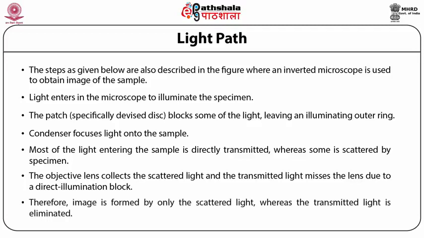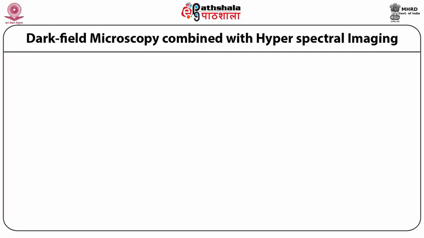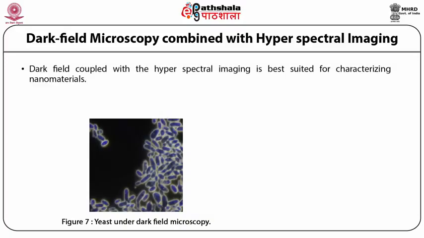Sixth, therefore, image is formed by only the scattered light, whereas the transmitted light is eliminated. Now, let us consider the dark field microscopy combined with hyperspectral imaging. Dark field coupled with the hyperspectral imaging is best suited for characterizing nanomaterials.